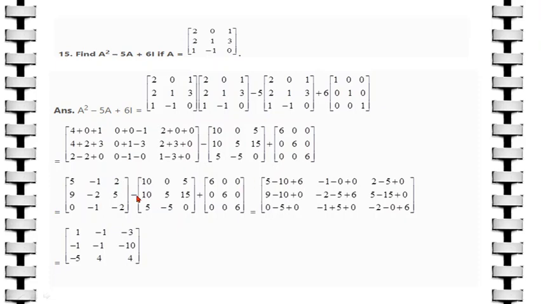Next is 2 minus 5 plus 0. We have written here. Next is 9 minus 10 plus 0. Next, minus 2 minus 5 plus 6, like this. So we have to apply this minus and plus on the corresponding elements. And then we have to solve and we are going to get the resultant matrix.